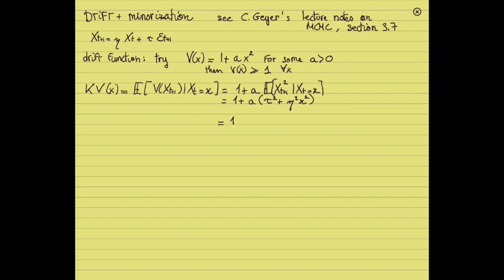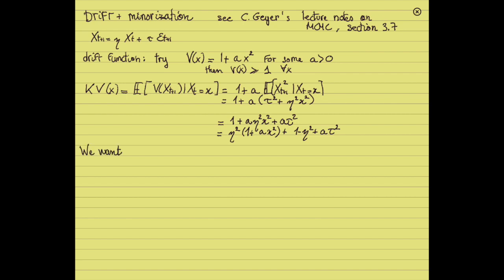We have some constant terms and terms that depend on x. So 1 plus a eta square x square plus a tau square. And we would like this to be of the form of a constant times v of x plus another constant. And so we write eta square v of x plus 1 minus eta square plus a tau square.